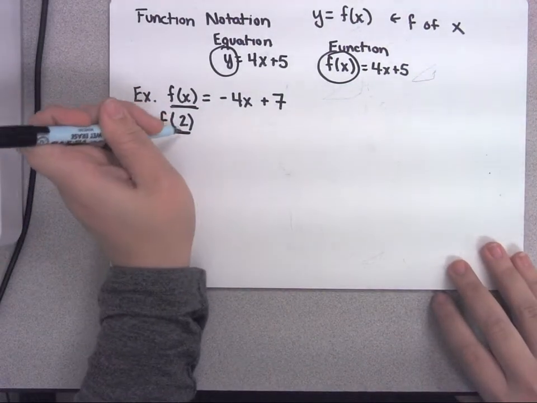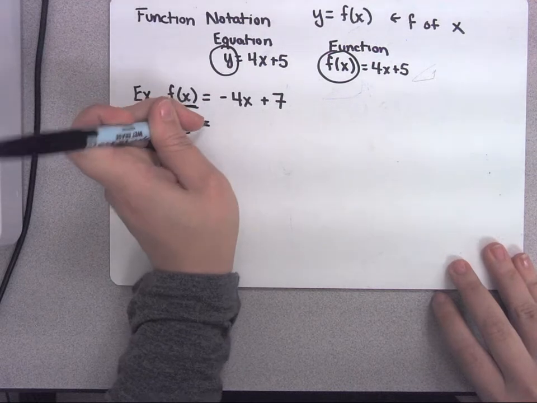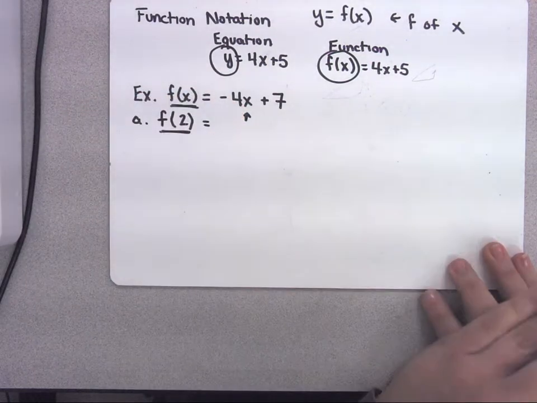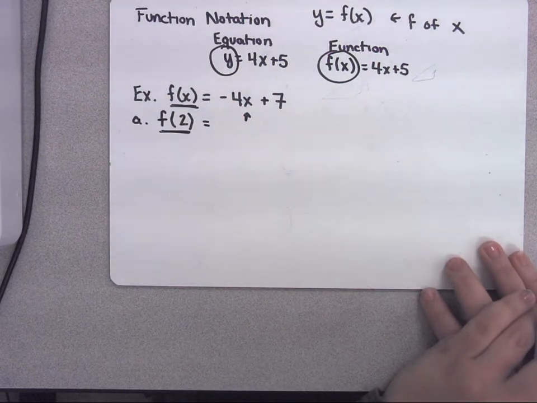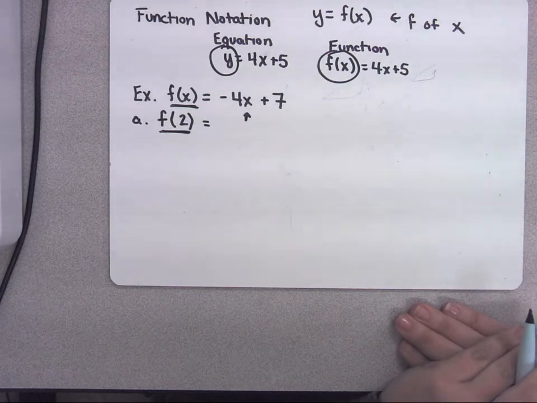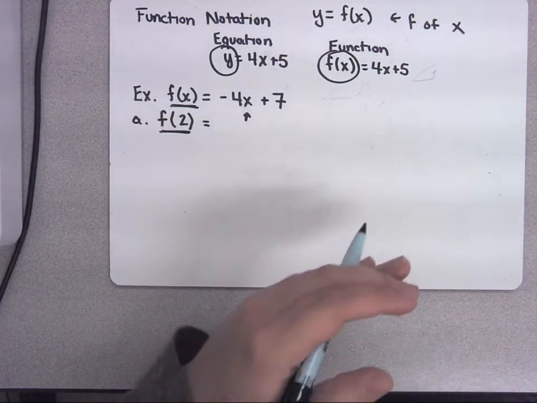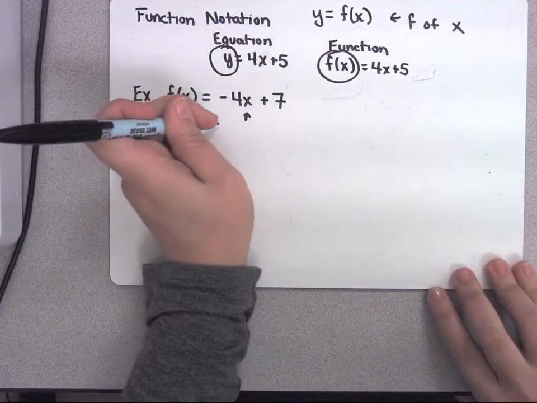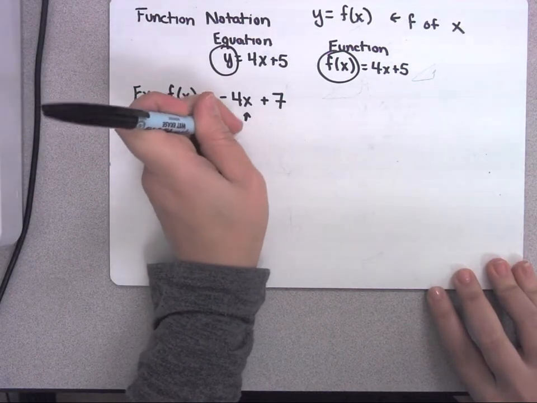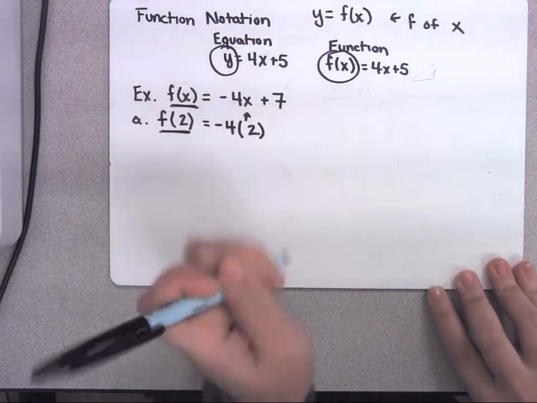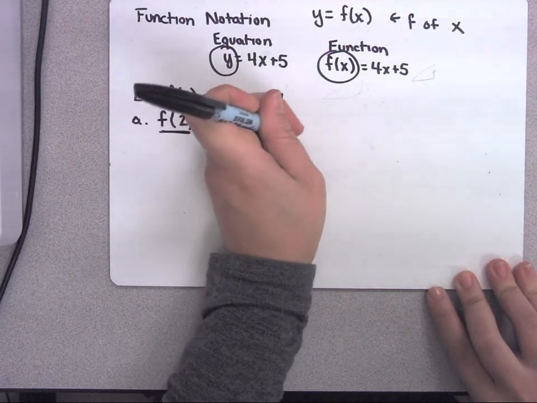So we're going to take 2 and we're going to plug it in for x into that equation. Every time you plug in something to an equation, what should you put around that number? Parentheses. So I'm going to write negative 4 parentheses 2 plus 7.